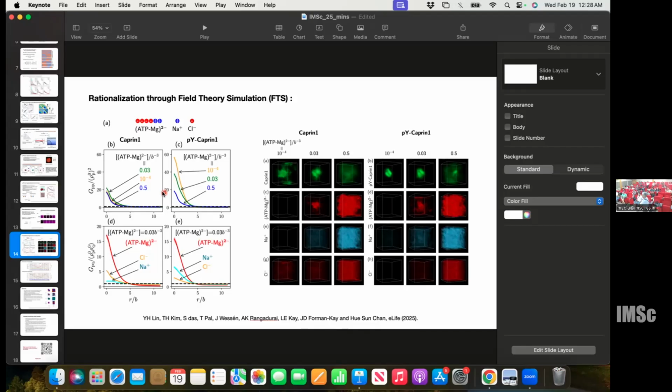But for a polyampholyte, which is poly-Caprin1, that doesn't happen, because if you increase the salt concentration... Thank you. Thank you.